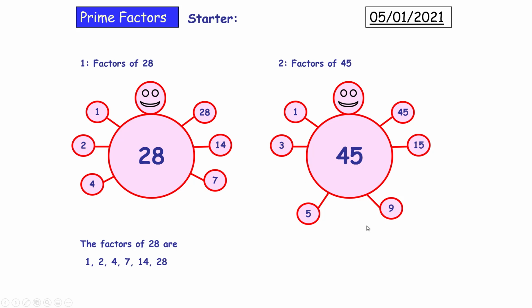So we've got all our factors there. Factors of 45, which we have to write down. 1, 3, 5, 9, 15 and 45. Job done. So hit pause, mark it, and when you're ready, hit play again, and we look at another example.